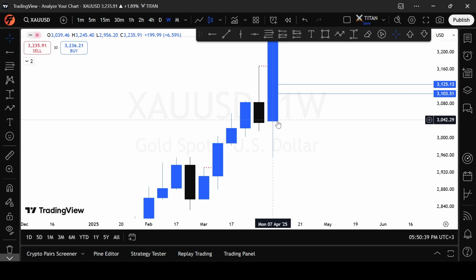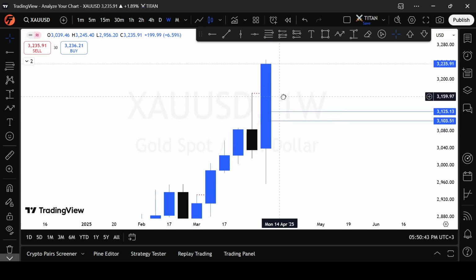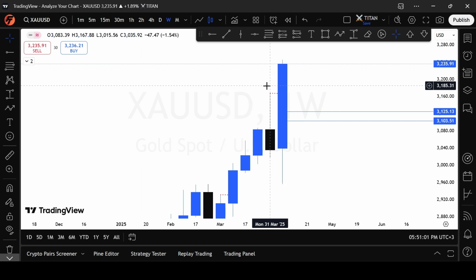Then after that, price was pushed up by the strong bulls in this market, and eventually broke the previous weekly high right here. And actually, we have now closed with a wick to body break of structure, which is usually a strong confirmation for the direction that the candle has closed in. And this time we are closing bullish.